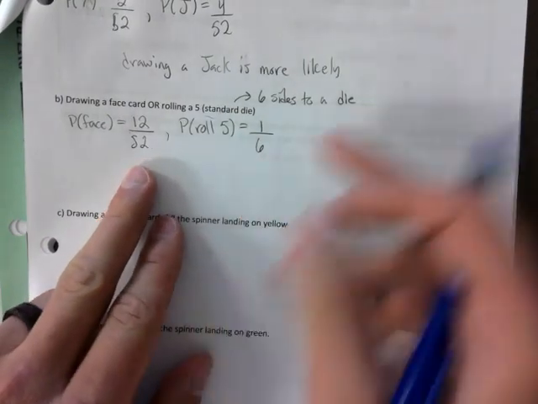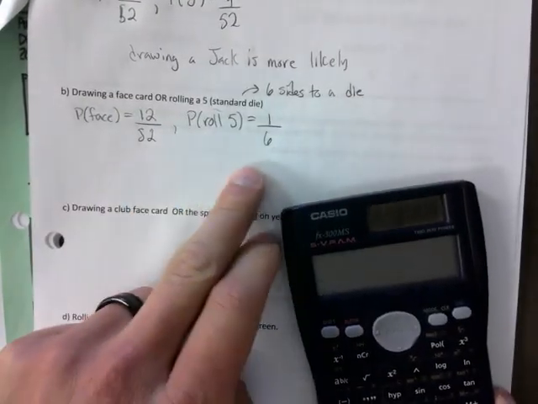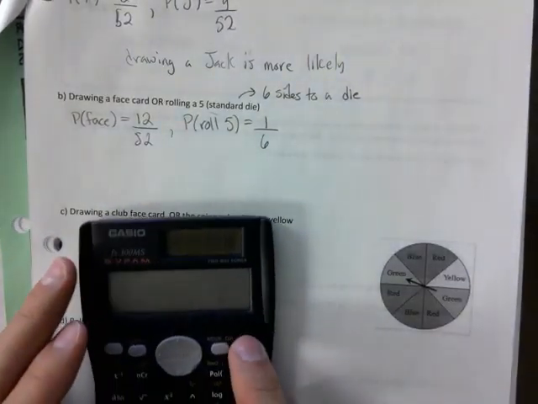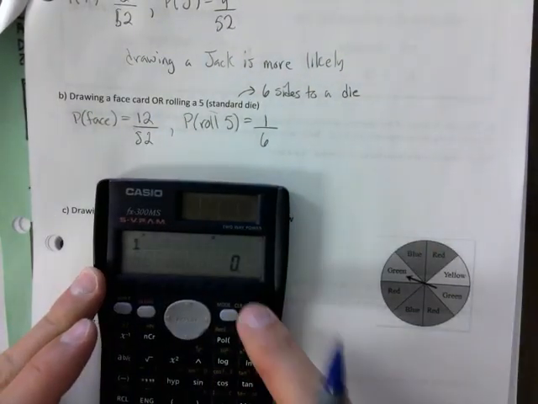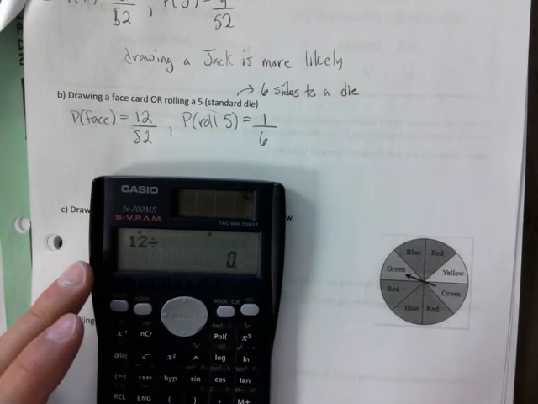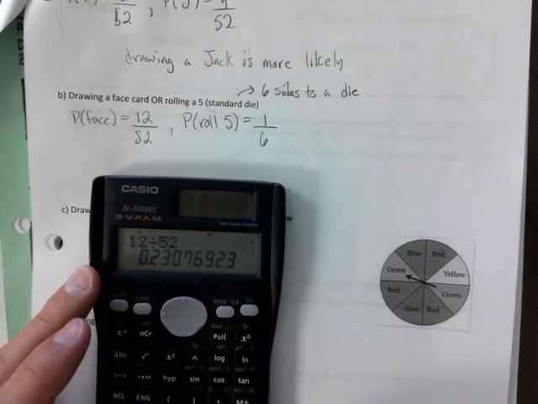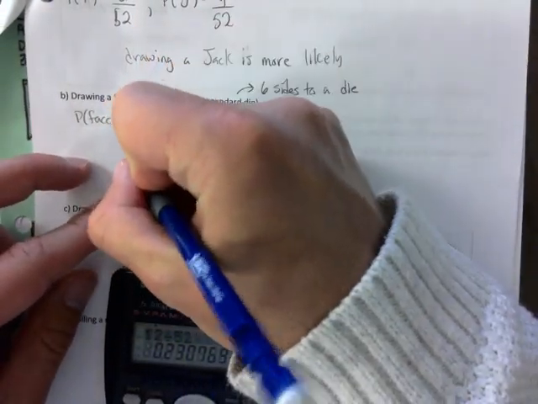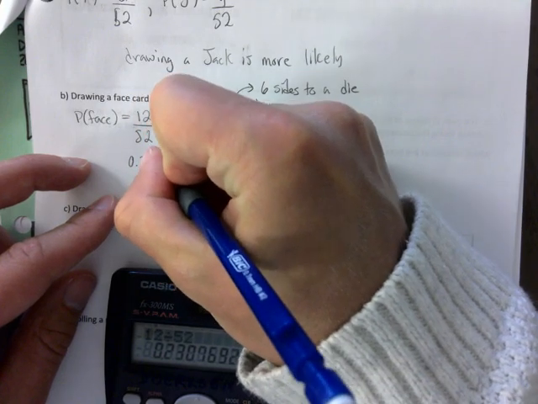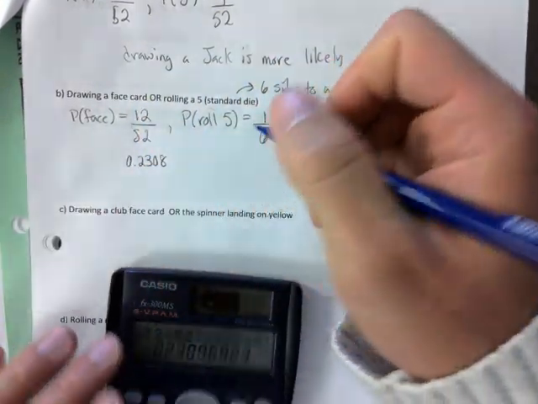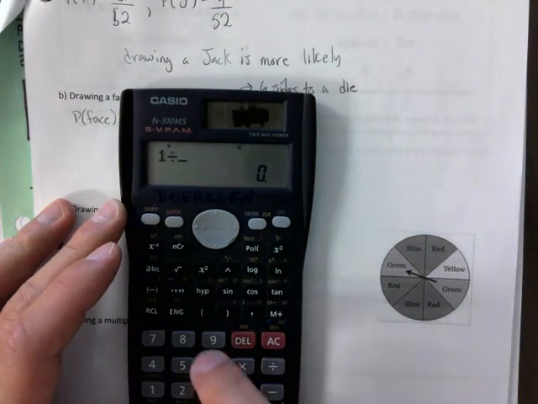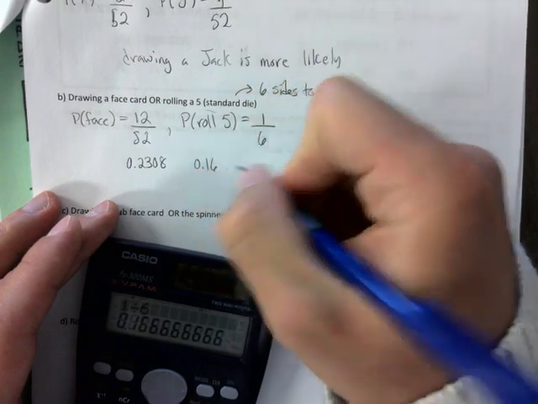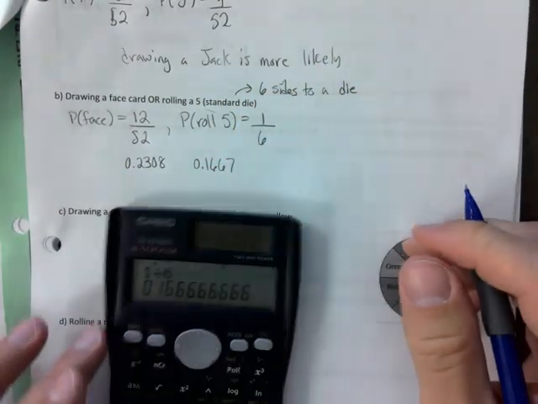In this case, since the denominators are not the same, it's a little hard to compare the fractions. So what I would do is convert them to decimals. Plug in 12 divided by 52, which gives us 0.2308, and 1 over 6 gives us 0.1667.